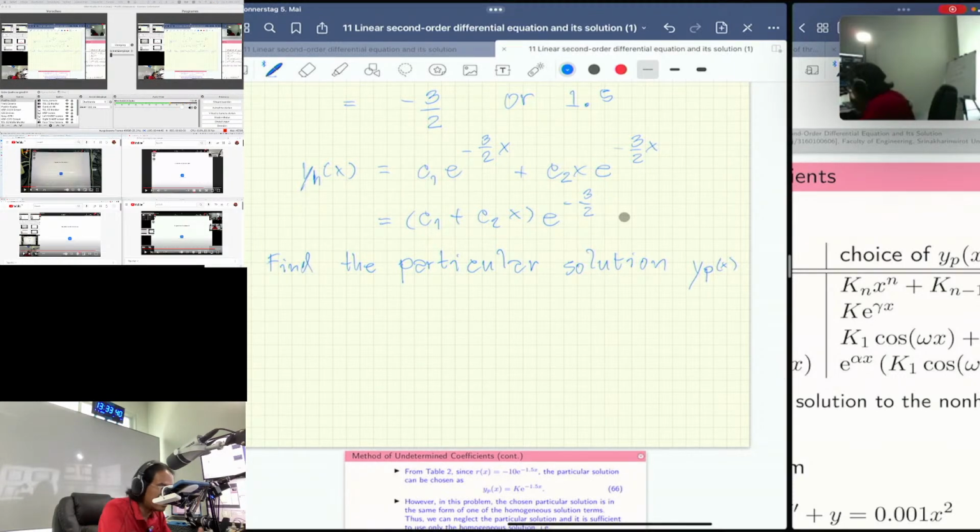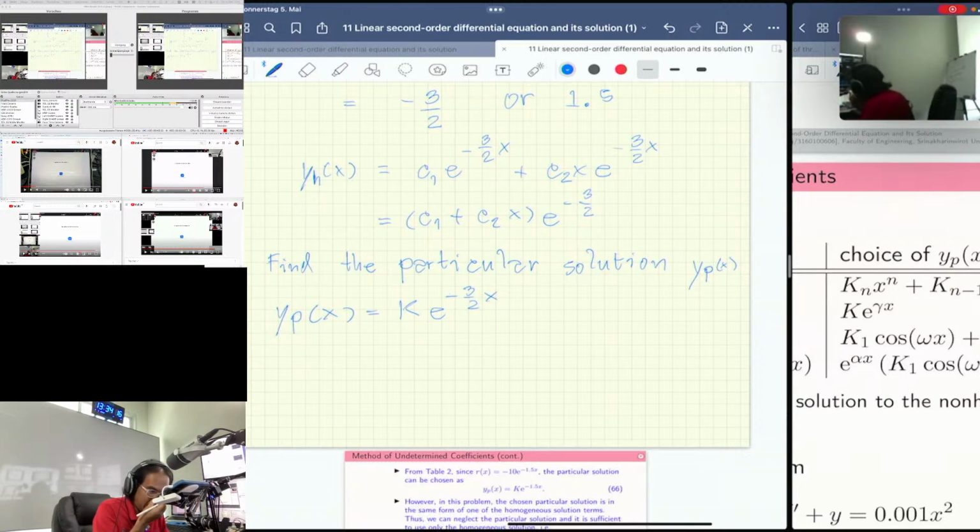The next thing is that let's say y_p(x) is capital K exponential of -3/2x, right? Okay, can you follow me at this step? Everybody can catch me at this procedure, right?